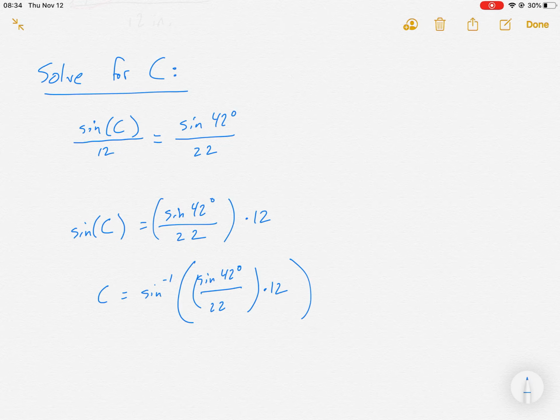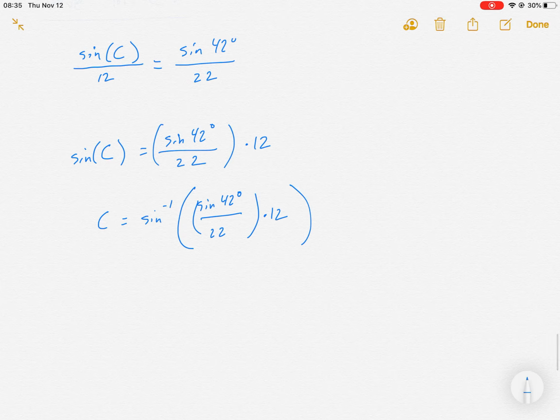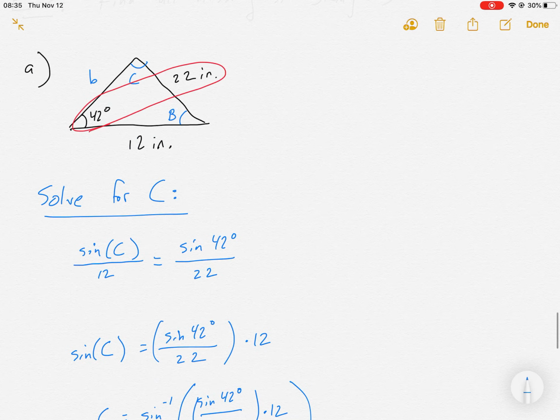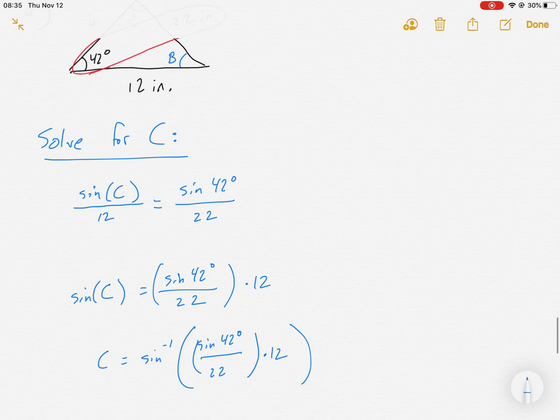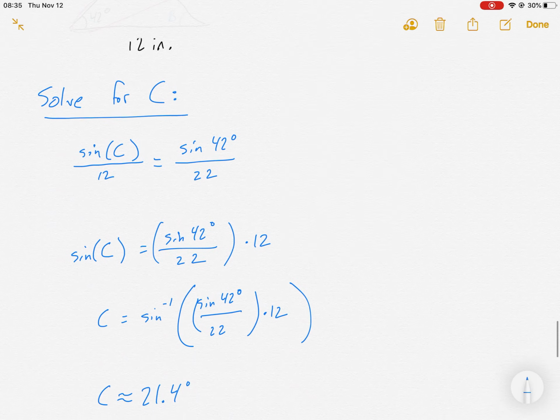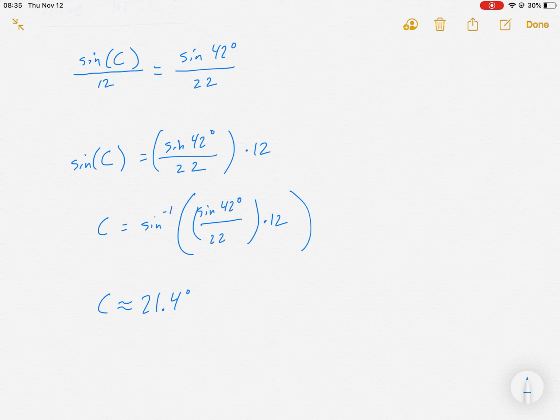You could write down what that equals in the parentheses, but I'm just going to go straight to the final answer, which is that C is approximately equal to 21.4 degrees. Okay. Clearly this triangle is not drawn to scale, so that's okay, but just something to keep in mind. So I end up that C is about 21.4 degrees.